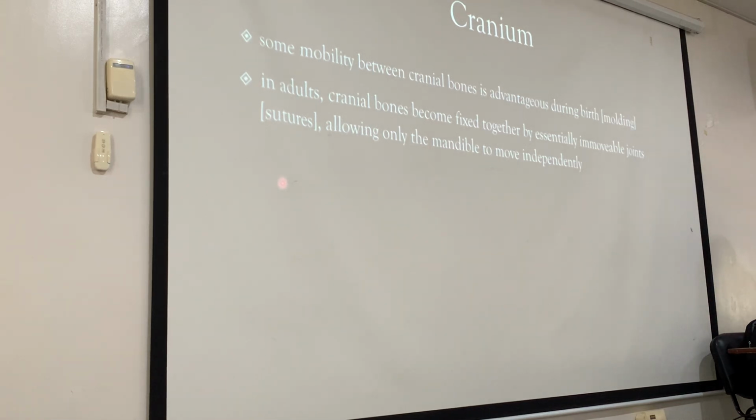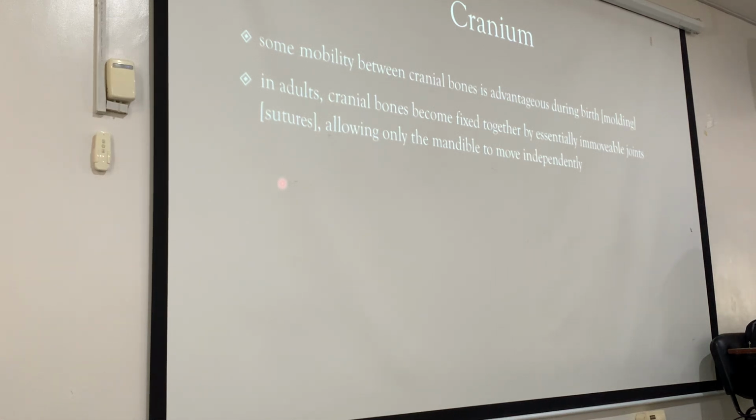There is some mobility between cranial bones during birth. When the baby is born, the sutures are not yet fused, so the bones can move a little bit, which allows the baby to fit while being delivered in the birth canal.